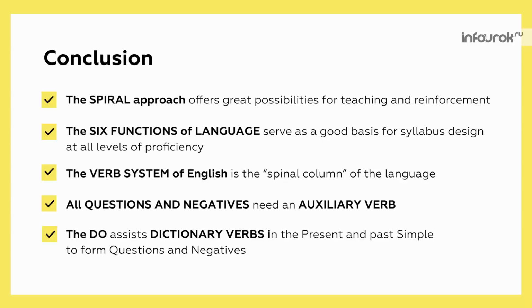We also said that all questions and negatives are very easy to use in English because they need auxiliaries. And auxiliaries are very few in number, they're easy to remember, and they obey 3 basic rules: that all questions in English need an auxiliary, that the auxiliary always precedes the subject, and that the word not always follows an auxiliary to create negatives.